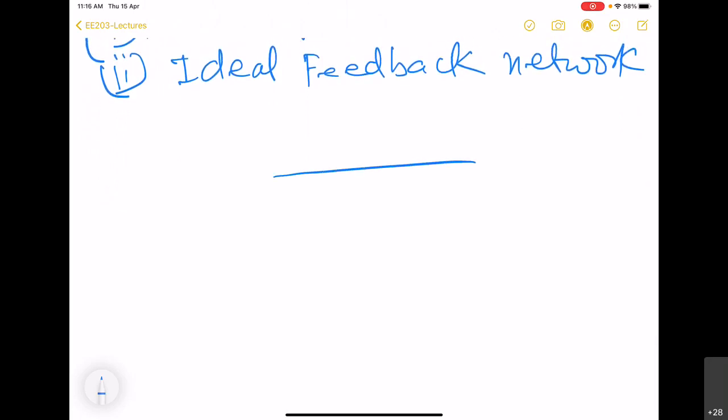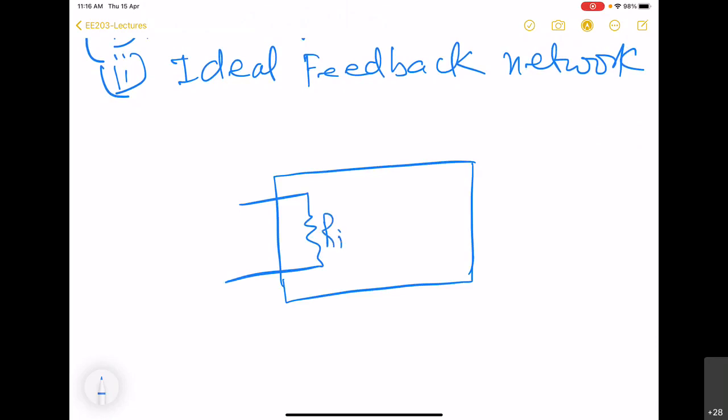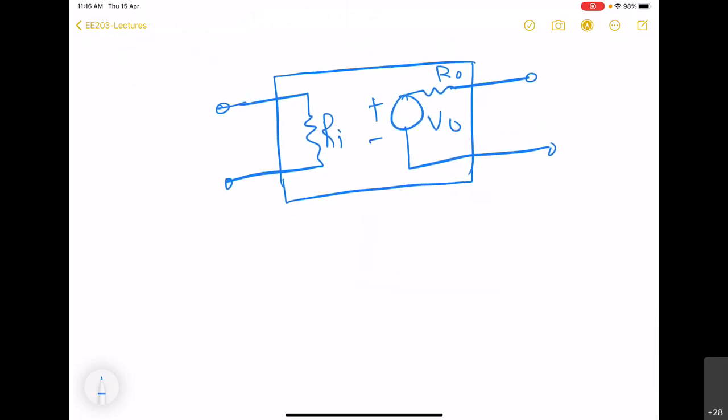So we are going to take a real amplifier. That means it will have input impedance, and this is going to be very large. On the output side, it is going to behave like a voltage source, which will produce open circuit voltage VO and output impedance of RO. And this RO is going to be in general small. Now this is going to be fed back by a beta network.